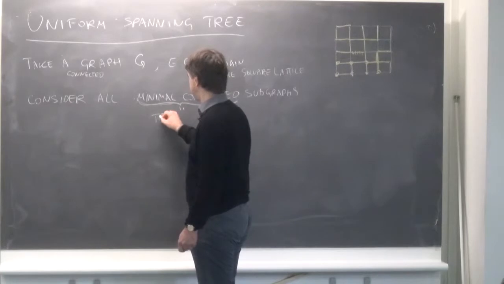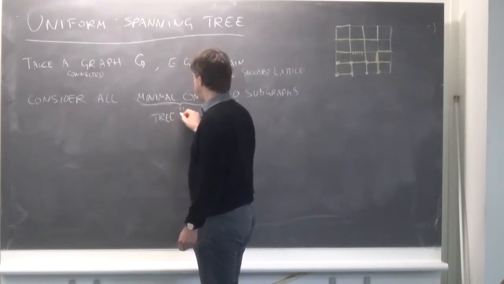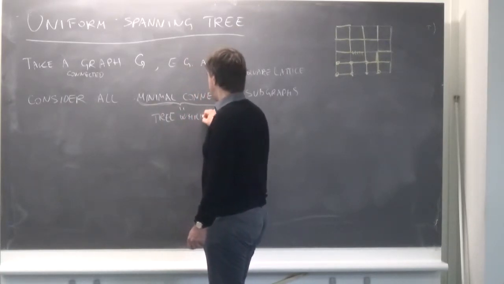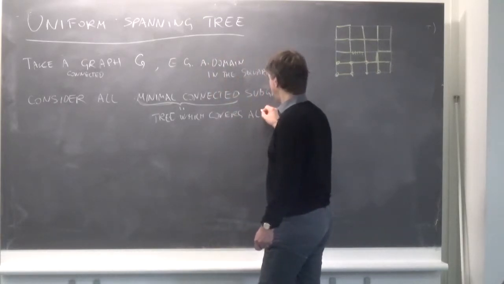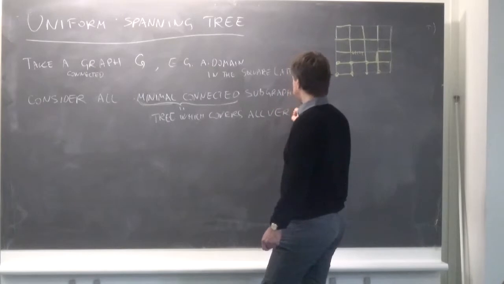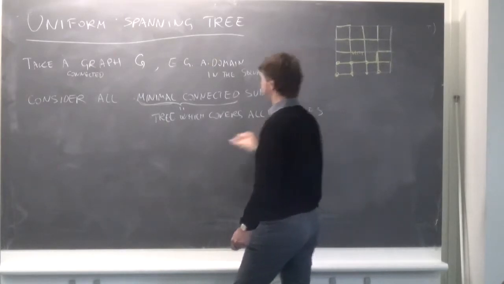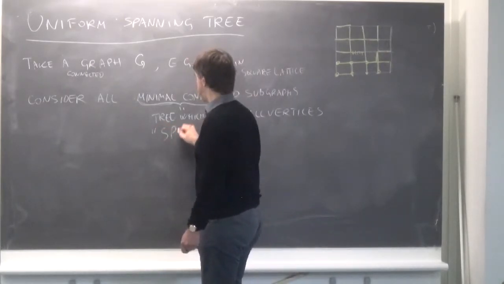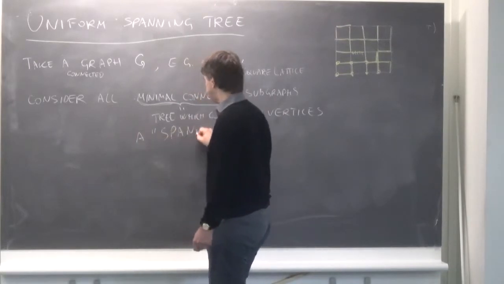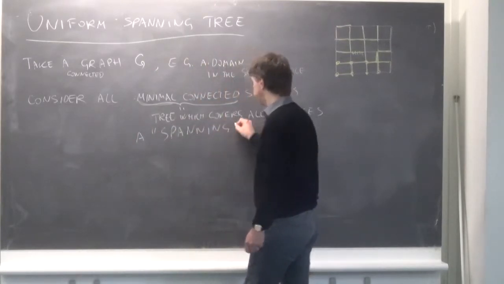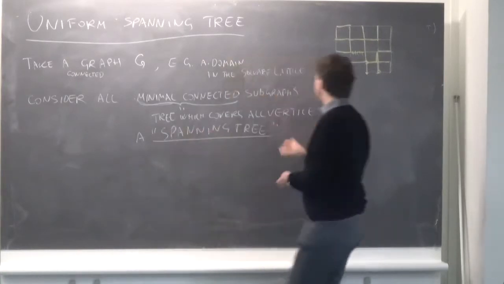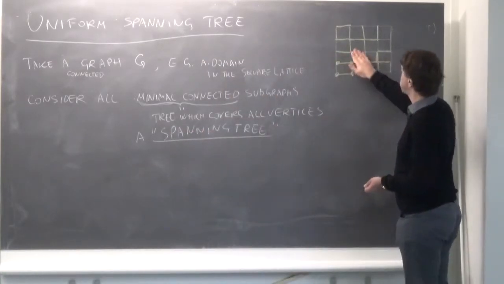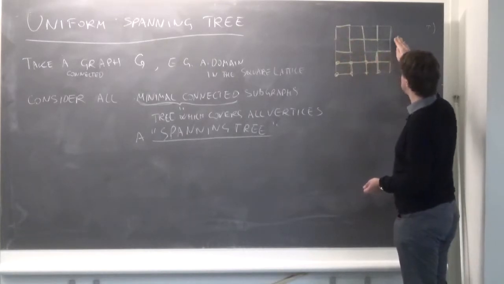It's a tree which covers all vertices. So this is what is called a spanning tree. So we consider all possible spanning trees, all possible trees which cover all vertices.